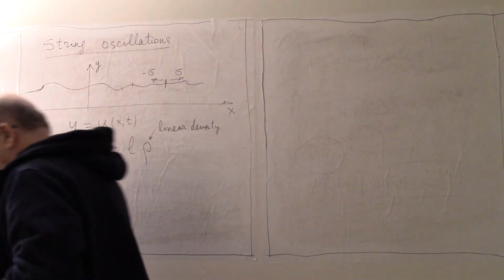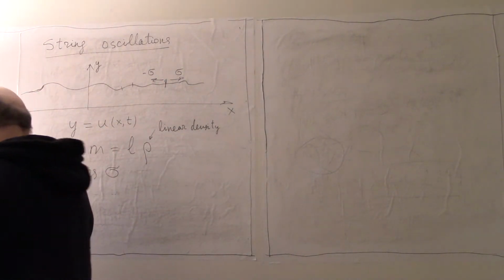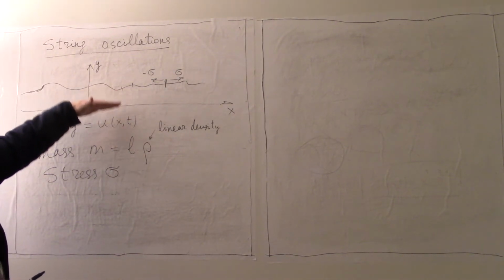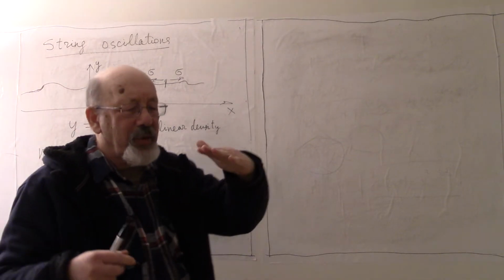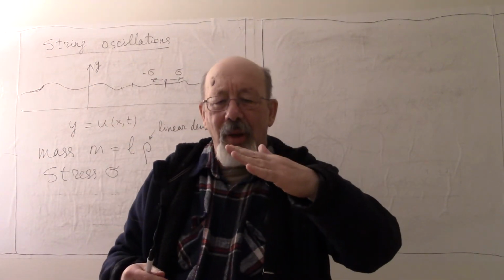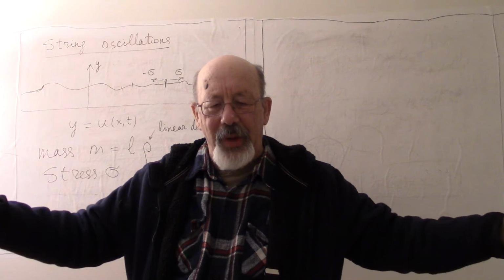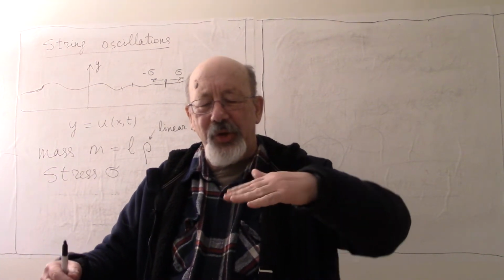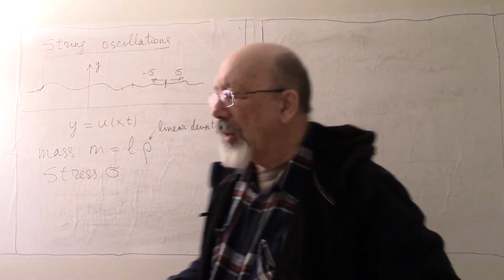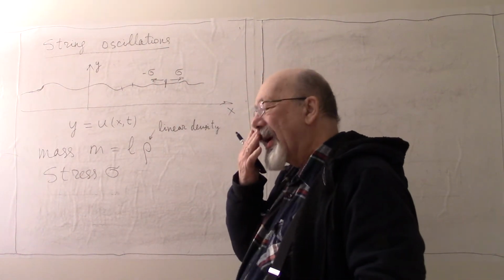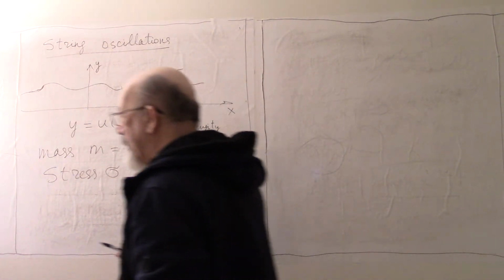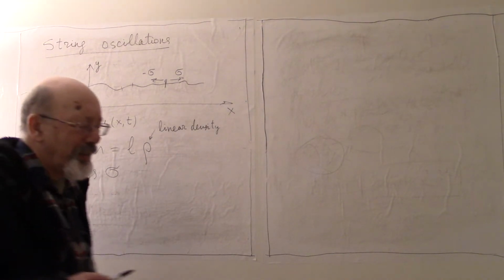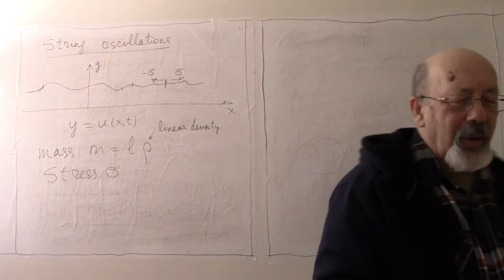Now we consider small oscillations of the string, so that the string is always close to the x-axis, and its inclination, its derivative, also remains small. This condition is usually fulfilled in musical instruments like guitar or piano.